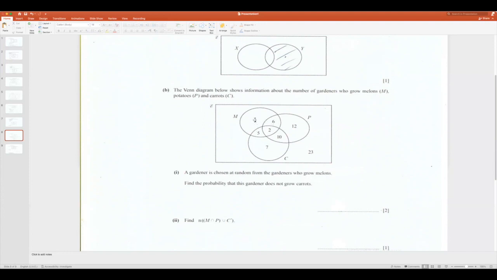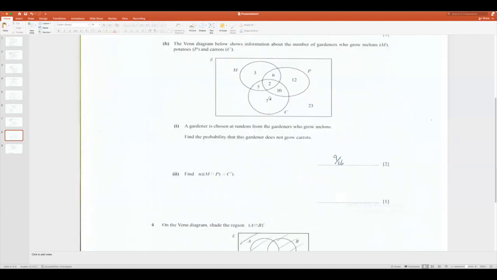Total 6 plus 3, 9, 11, 16. 16 there. Find the probability that this gardener does not grow carrots. This is the carrot. Does not grow carrot means melon and potato. This 3, 9. 9 over 16.